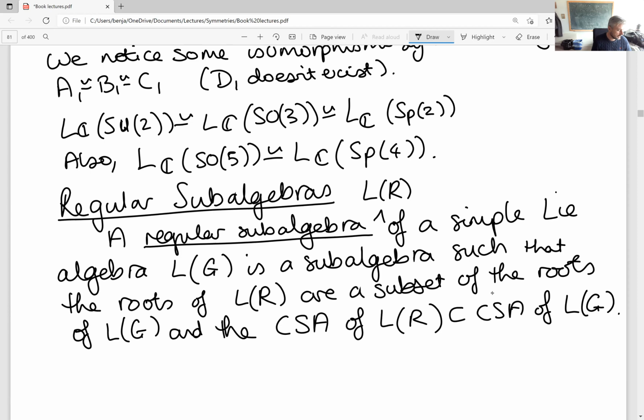It's called a maximal regular subalgebra if the rank is the same as the rank of L of G.